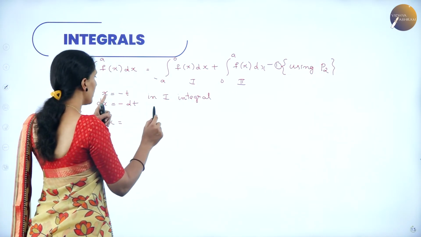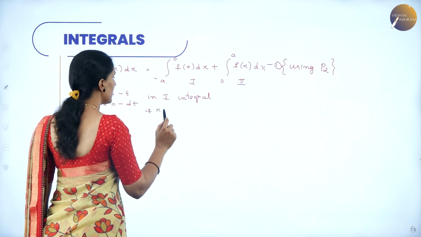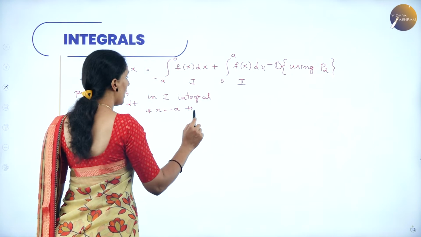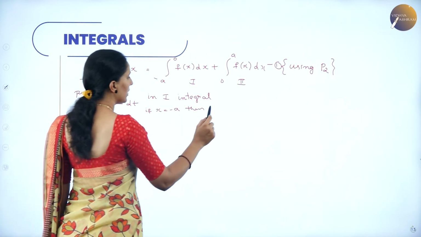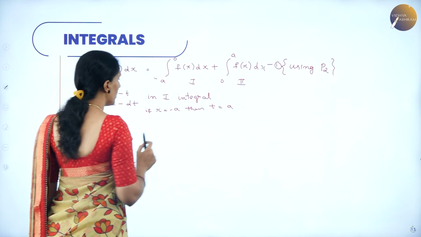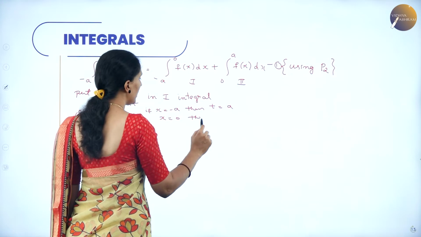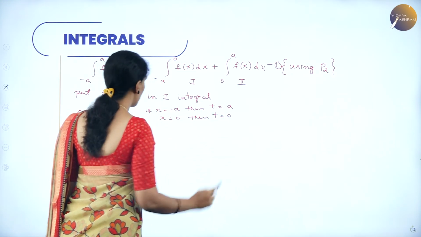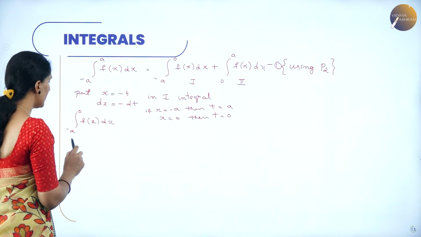So look here, if x is equal to minus a, then what happens for t? If it is minus a, then t is equal to a. Similarly, if x is equal to 0, then t is also 0. So therefore, t is also 0. So what happens here?